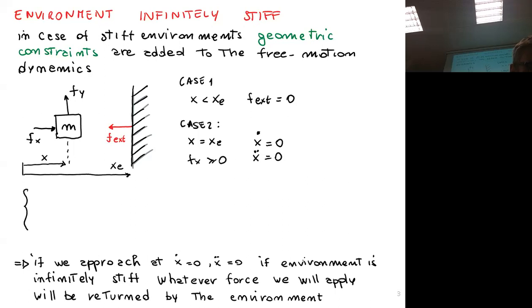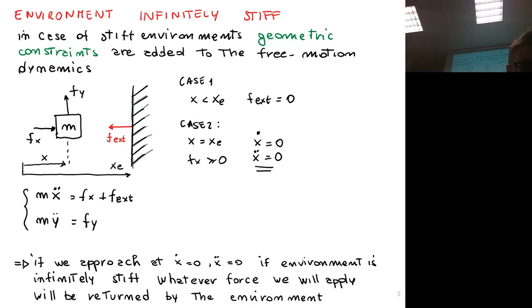If we write the equations of this simple model, we have m x double dot, the horizontal balance of forces, Newton's law, Fx plus Fx external, and then we have the vertical dynamics, which is Fy.